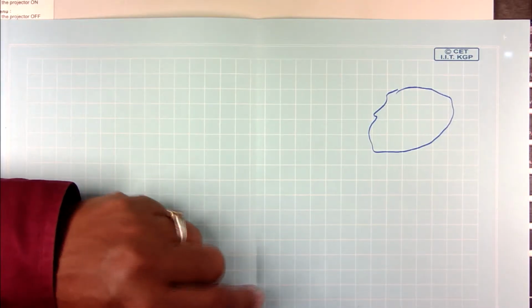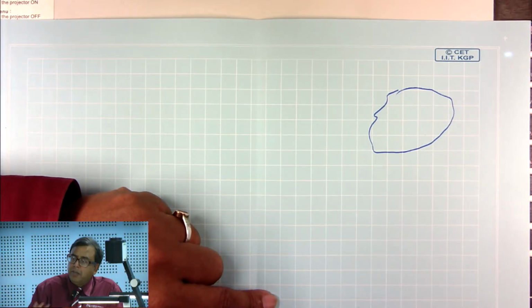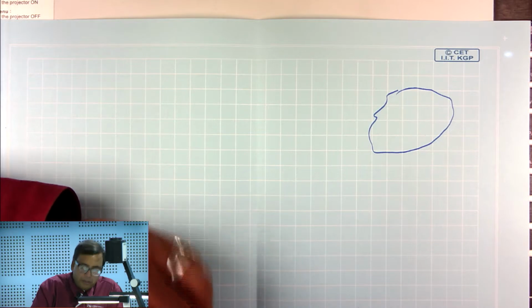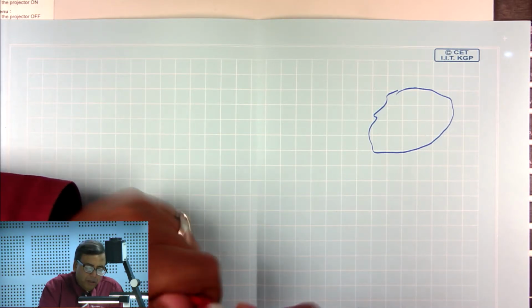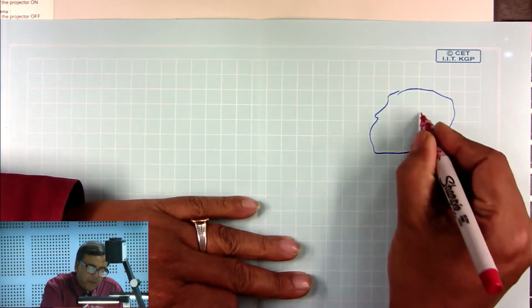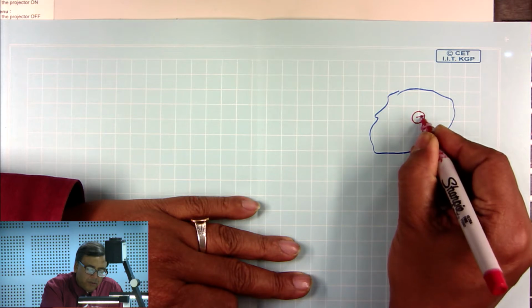So, let us say I have a very large body of liquid or water, for example, and I heat it up at a particular pressure. I heat it up to a certain temperature, I do not know what the temperature is, but let us say it spontaneously forms a vapor bubble of radius r.